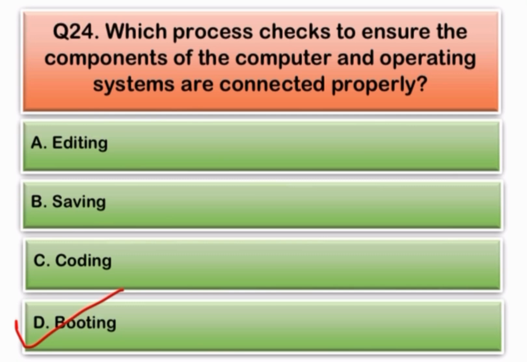So, this is the process which checks to ensure the components of the computer and operating systems are connected properly. Booting. D option is correct for question number 24. Booting is the process by which a computer begins working.